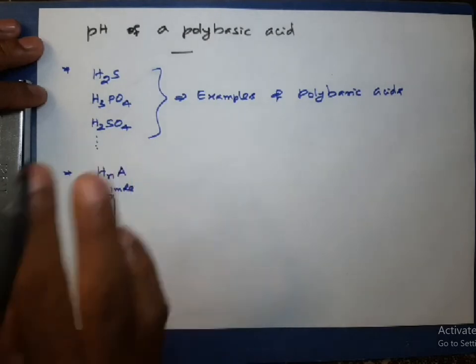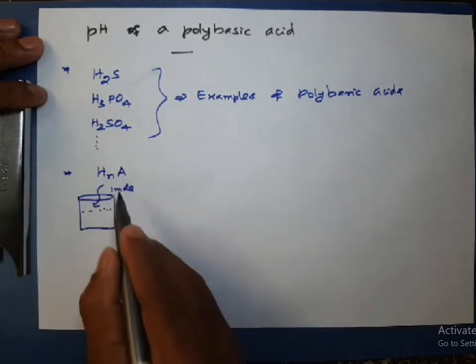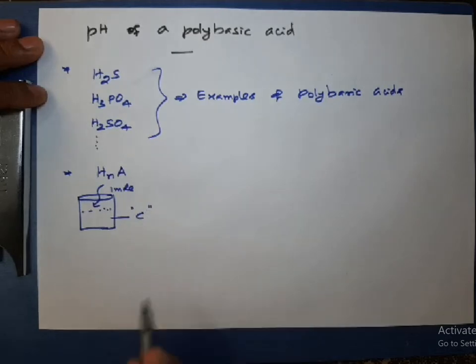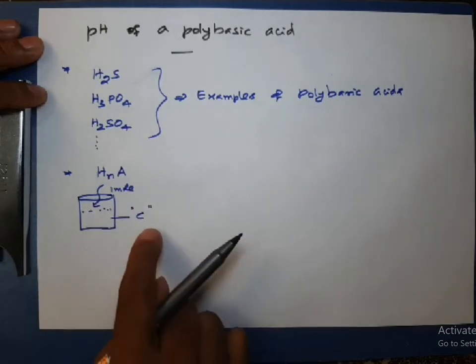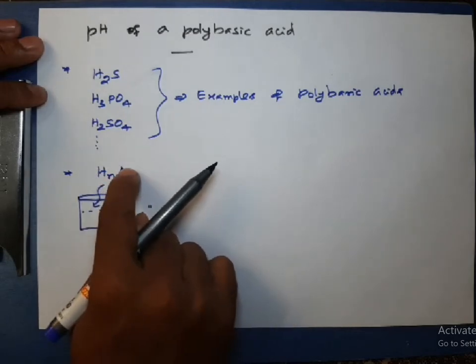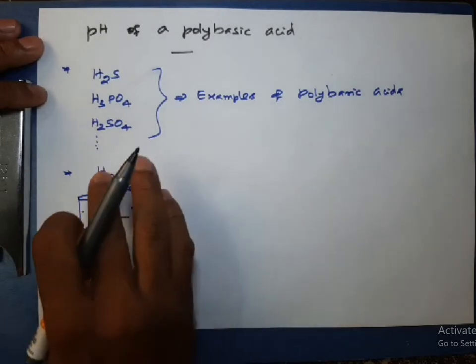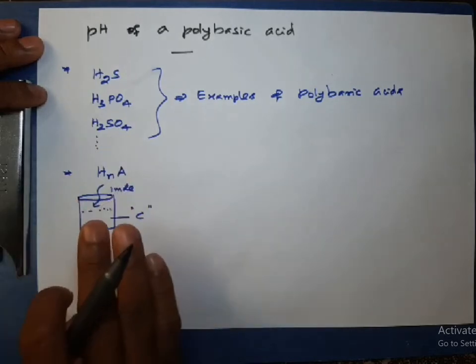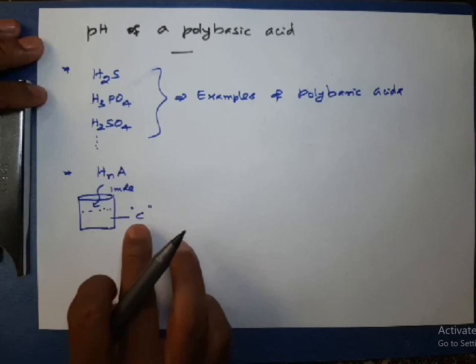Then the concentration of the acid is represented as C. C is the concentration of the undissociated acid. It's an assumption: if it remains as such, the concentration of the acid should be C.